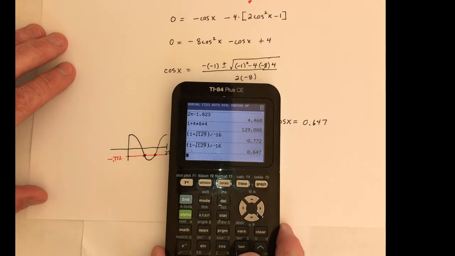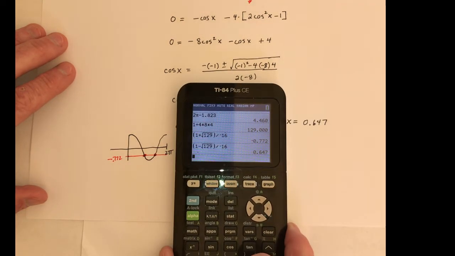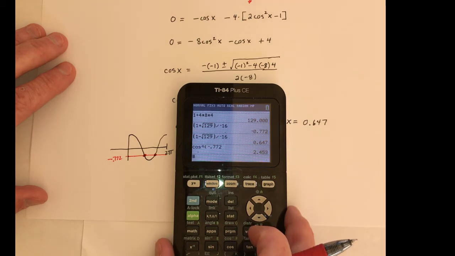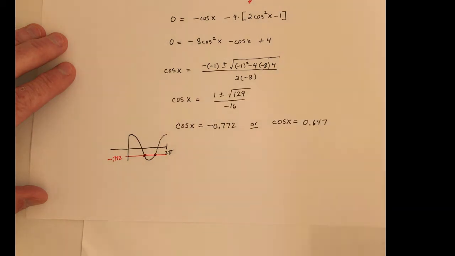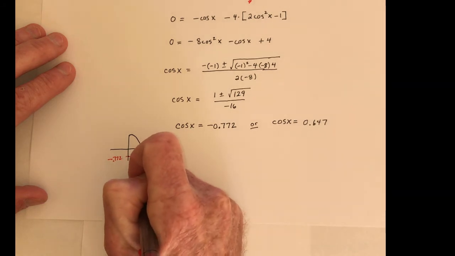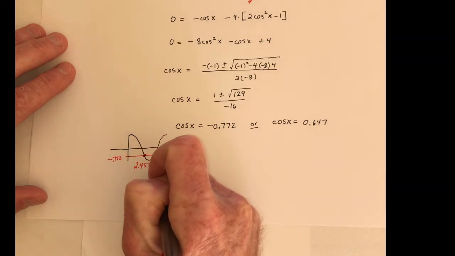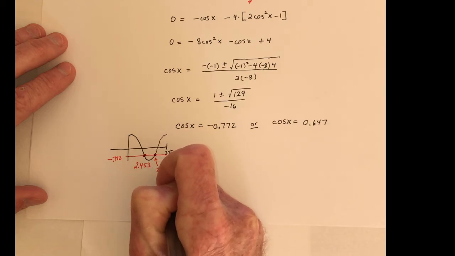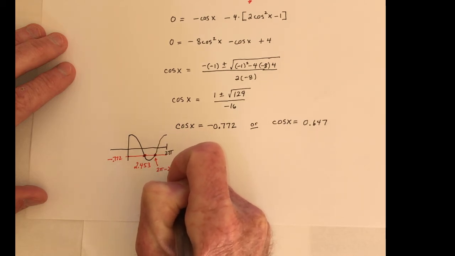One will come from, just take cosine inverse of negative 0.772, 2.453. And then this one is going to be 2 pi minus 2.453.